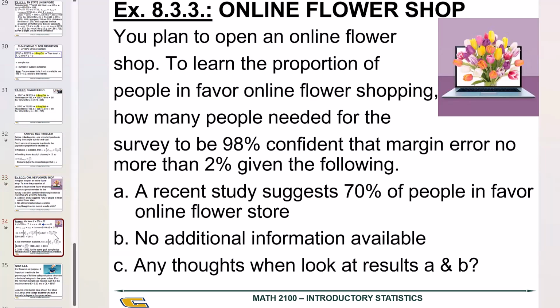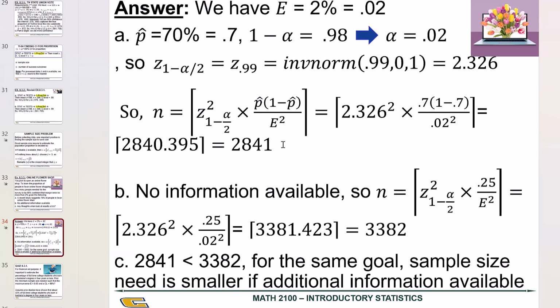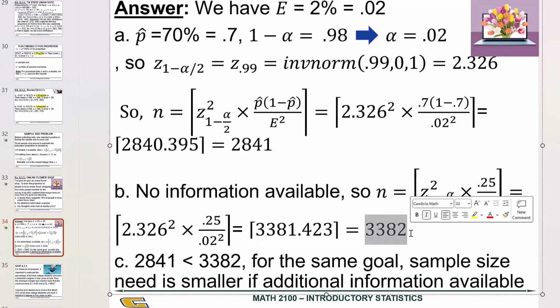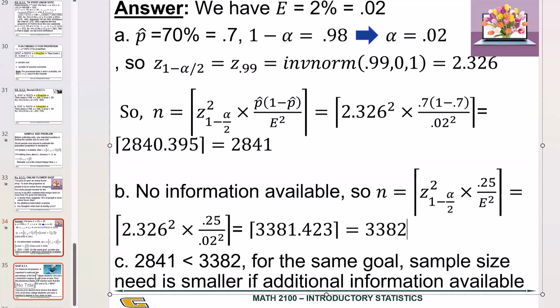But if you have some reliable study available to you, then the sample size needed will be smaller. We shrink about 500 observations. That's still a big deal, you save a lot of time and effort. So the conclusion here: same goal, the sample size needed is smaller if additional information is available.